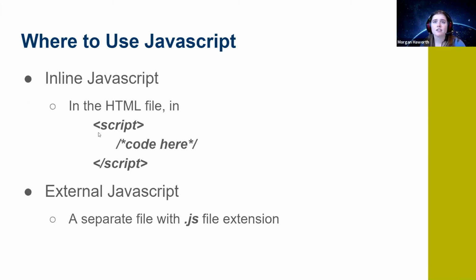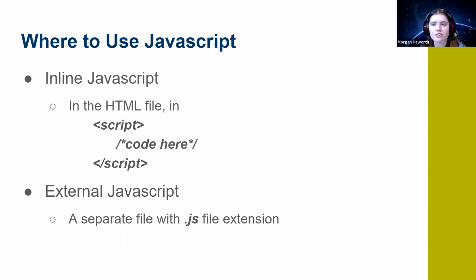Next, this is adding JavaScript to your HTML. Assuming you've got your HTML base ready and you want to make it interactive, where do you put the JavaScript? There are two ways to do this. You can have inline JavaScript, which is when you create the script tag and then put the actual code between those script tags.